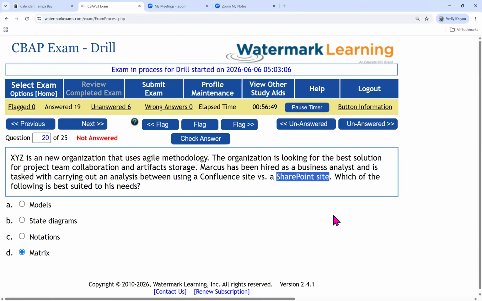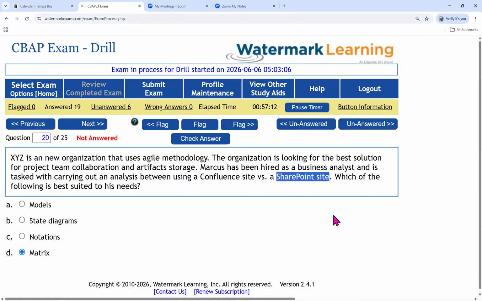Yes, and the new organization uses agile methods and is looking for the best solution for project team collaboration and artifact storage.